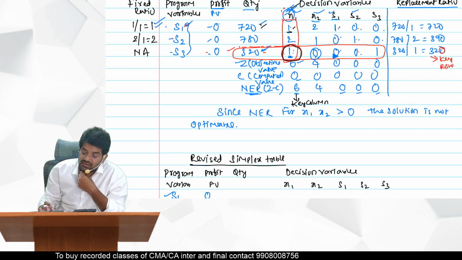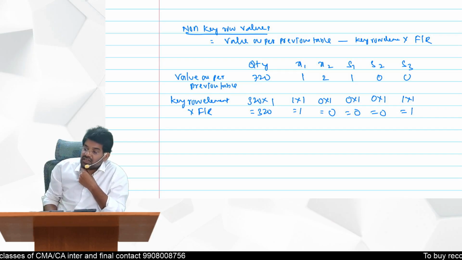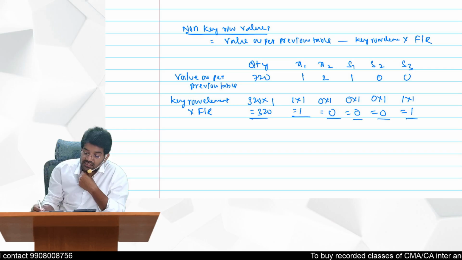S3, 1 into 1 is 1. So now we have to deduct. This minus this. So we are getting 720 minus 320 is 400. This one, 1 minus 1 is 0.